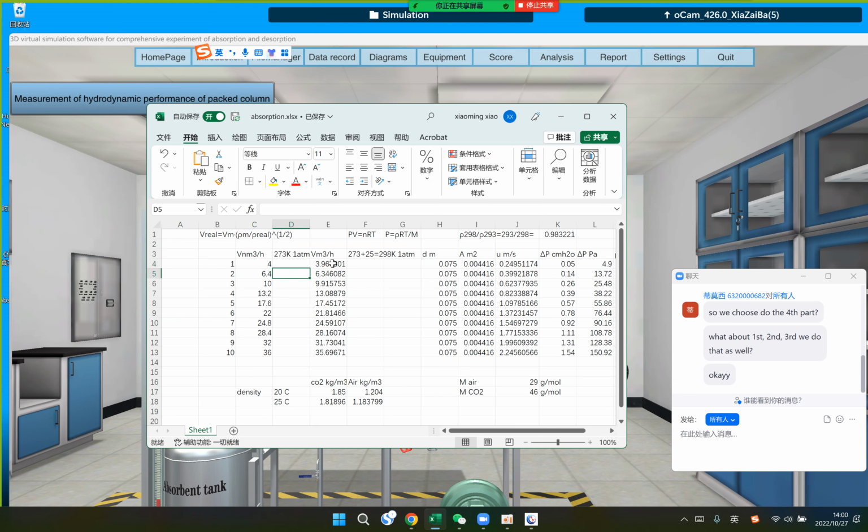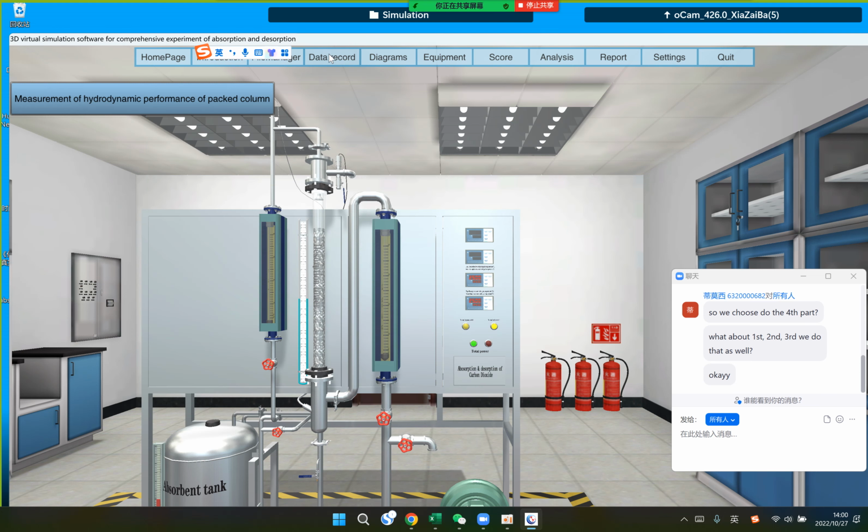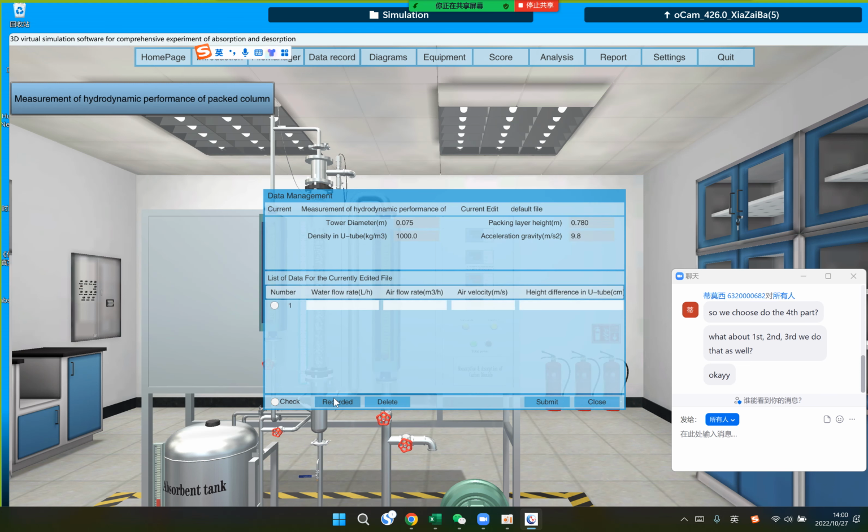And we can use this calibration, so the real flow rate for the meter for the gas is this part. You simply copy it into the data record. Here, water flow rate is 0 because it is 0 loading, right? And the air flow rate is this part.